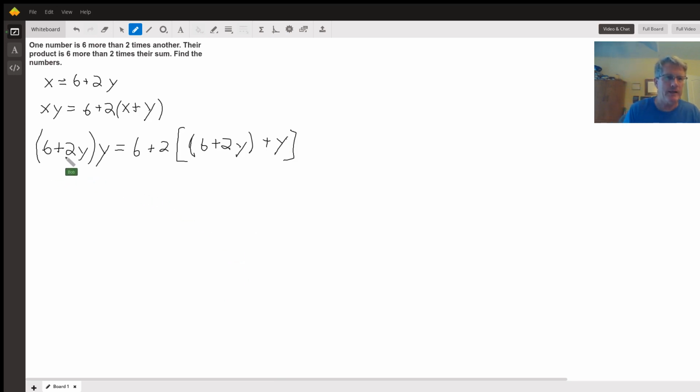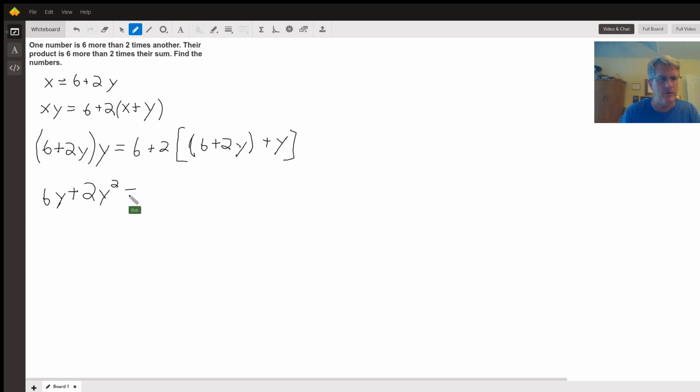Okay, so now we need to do a little simplifying. Over here we can use the distributive property to get rid of this parenthesis, and we have y times 6, which will give us 6y, plus y times 2y, which will give us 2y squared.